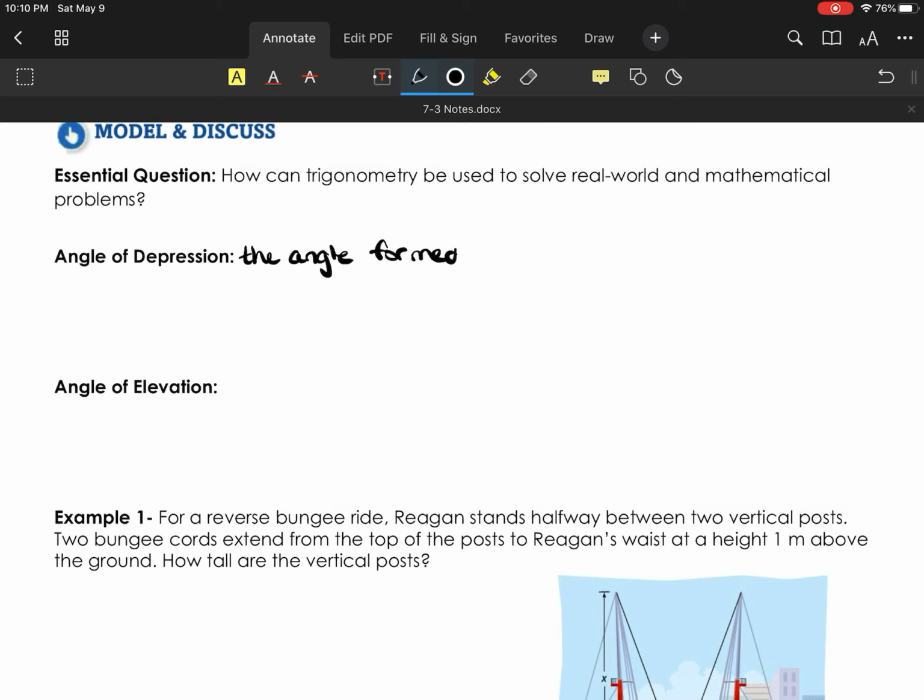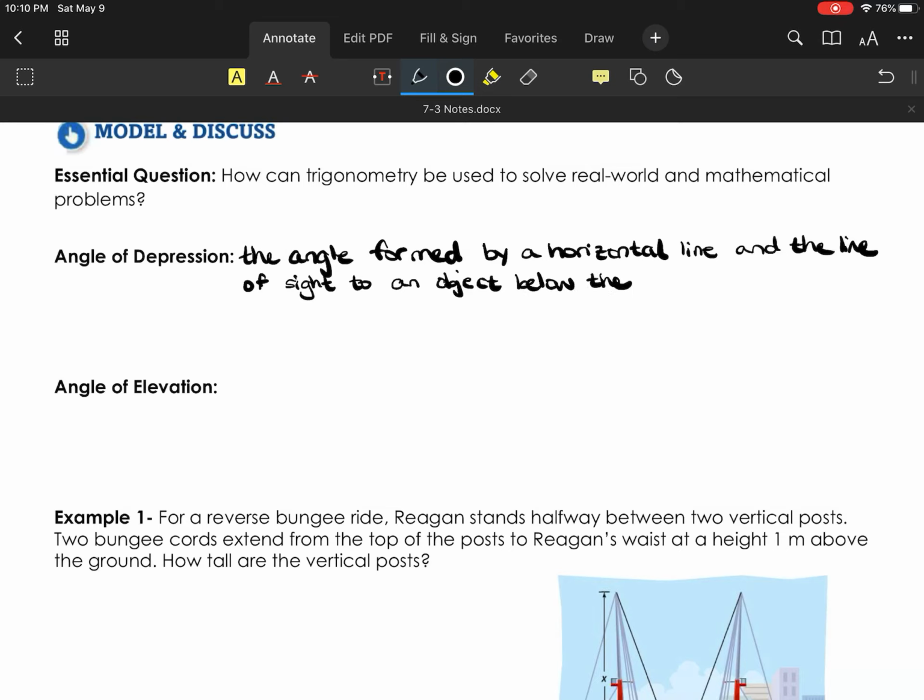Angle of depression, here's the definition. So, angle of depression is the angle formed by a horizontal line and the line of sight to an object below the horizontal line.